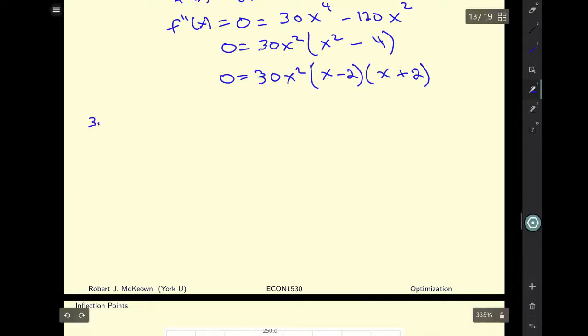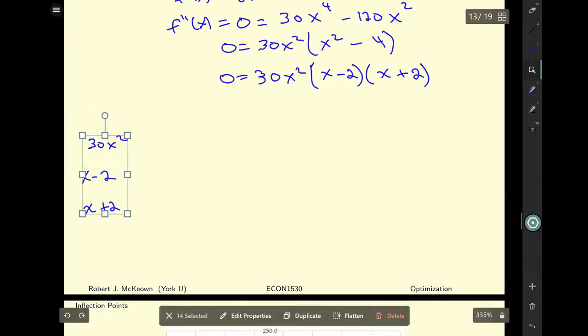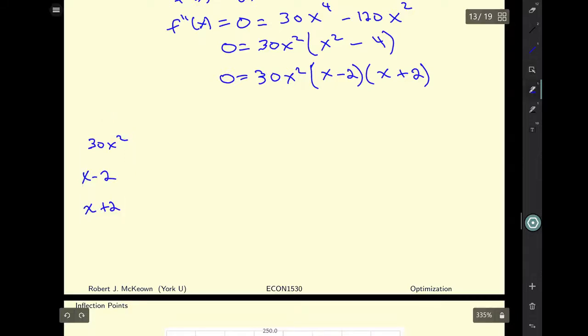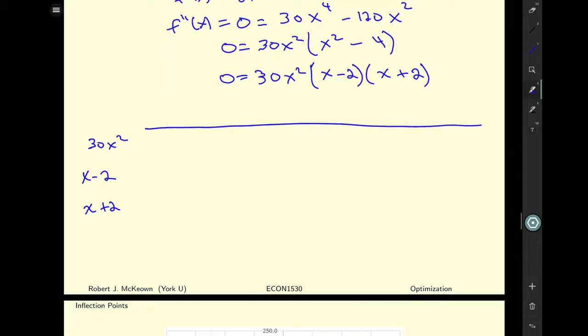So I'm going to have 30x squared in the first row of the first column, x minus 2, x plus 2. I think again I've written it just a little too high. I'll bring it down just a little bit. And then I'm ready for my real number line in the top row. And if x is equal to 0, this whole thing is definitely going to be equal to 0. It doesn't matter what those two are.